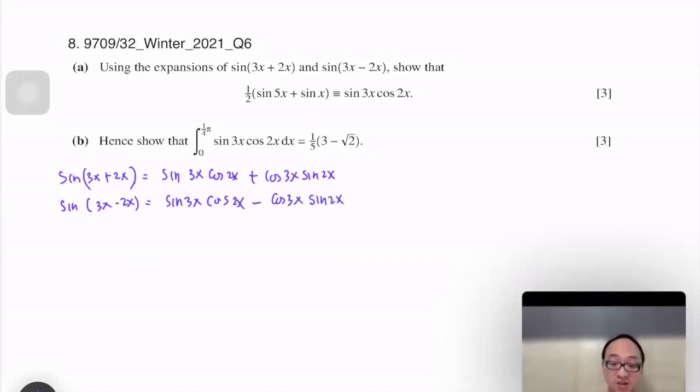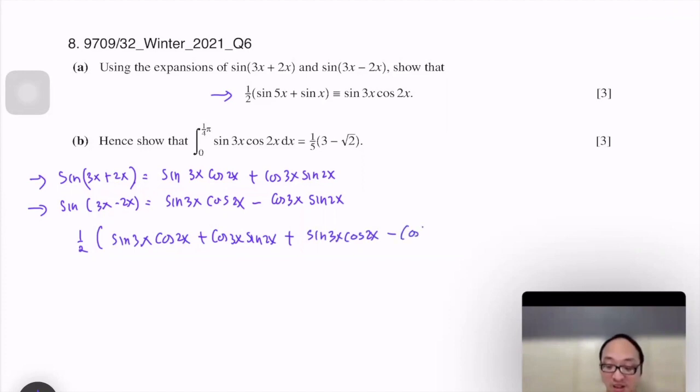Now, if we put it into the formula, half of sine 5x, which is the first one, sine 3x cos 2x plus cos 3x sine 2x, plus sine x, sine x is the second one, sine 3x cos 2x minus cos 3x sine 2x.